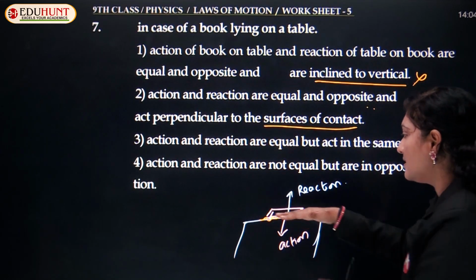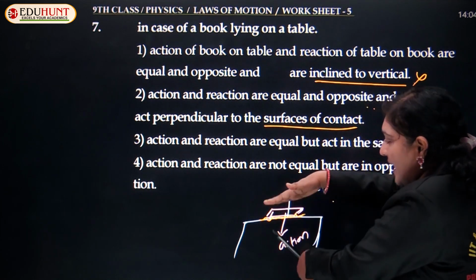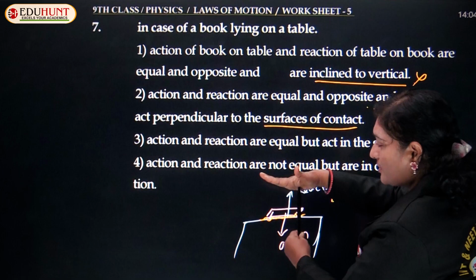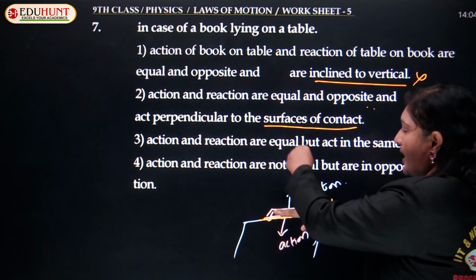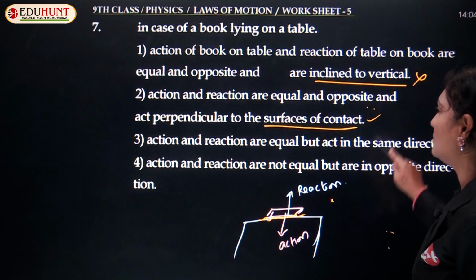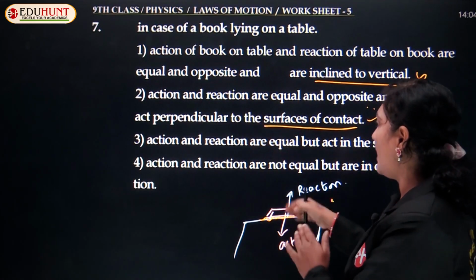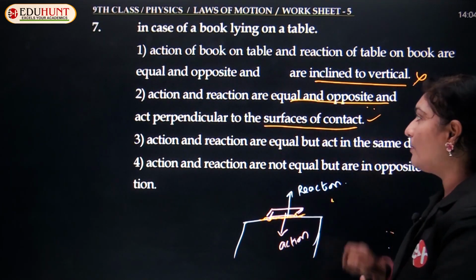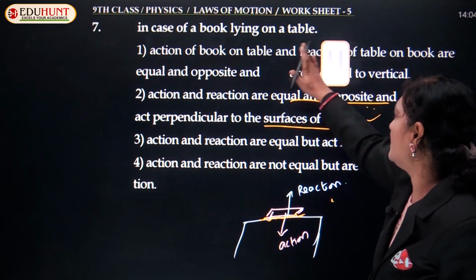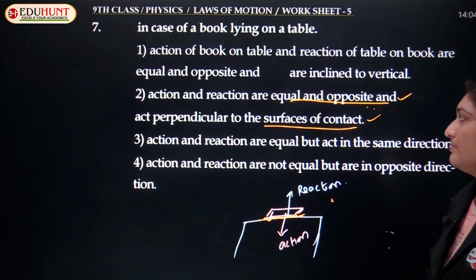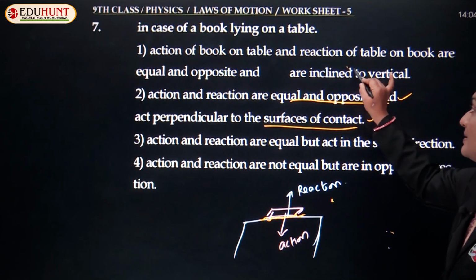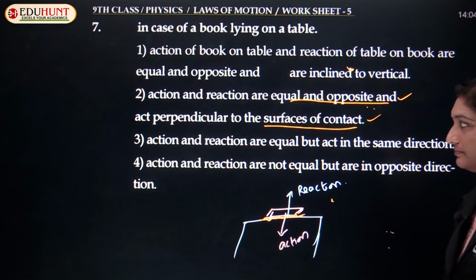Surface and action are perpendicular to each other; surface and reaction are perpendicular to each other. Of course, it is true. But here it was given inclined, so that must be a wrong statement.